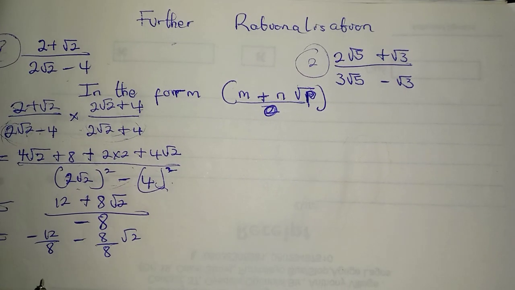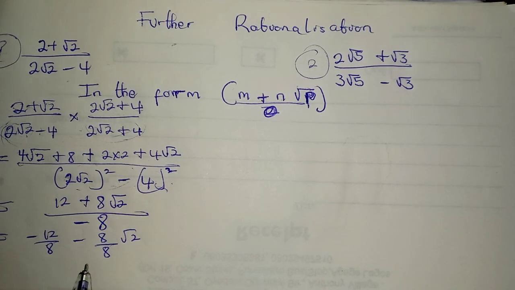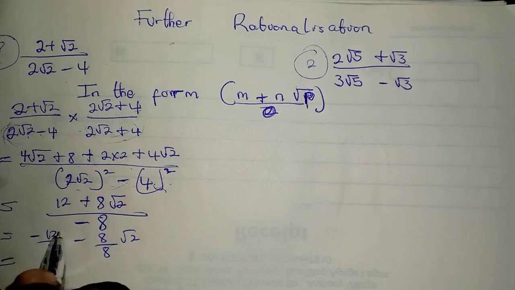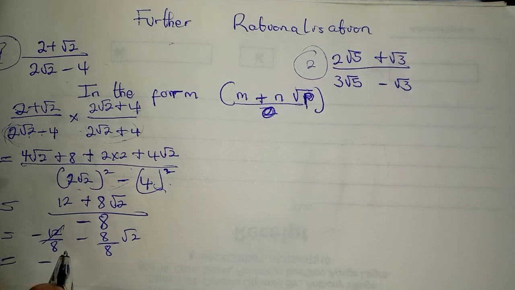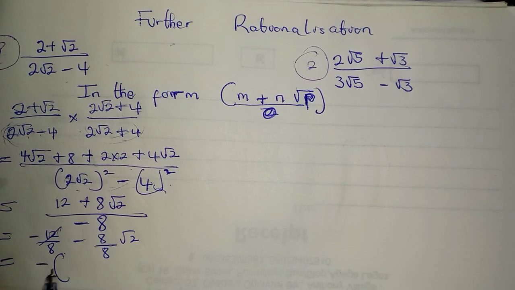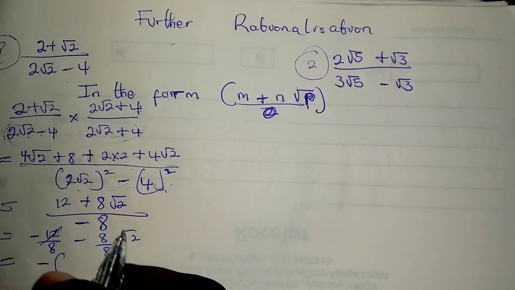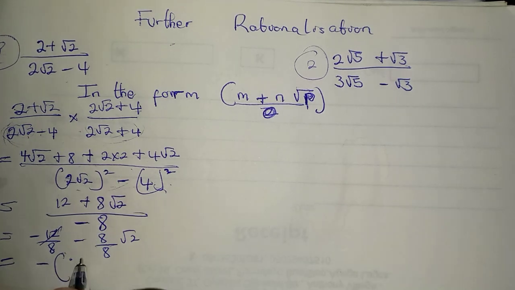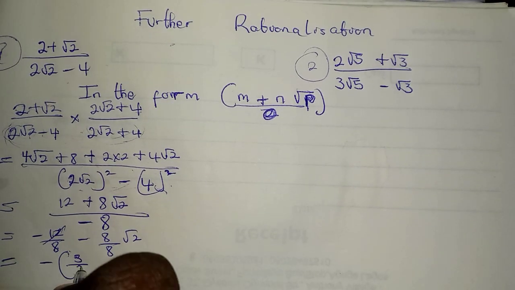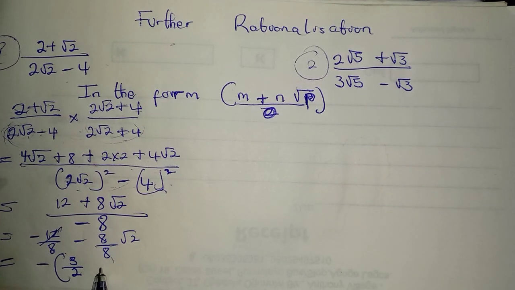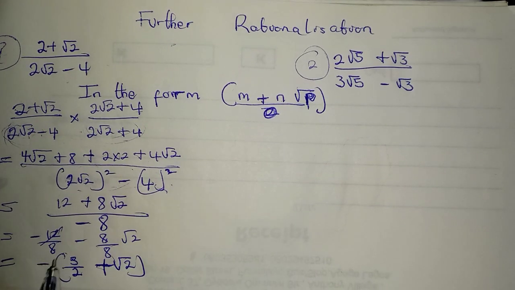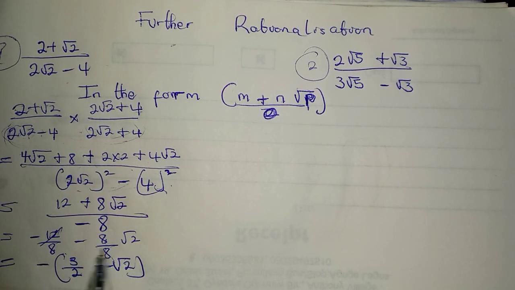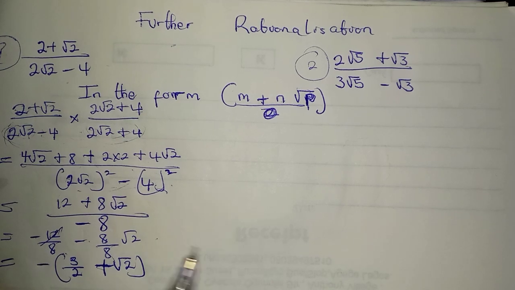So we can say that the answer here is 2 can go, 4 can go here, which will have minus outside. Let's put the minus outside the bracket. 4 here, 4 here, we have 3 over 2. And this divides each other, we have minus root 2. Sorry, plus root 2, because if you open this bracket, we are going to get negative.